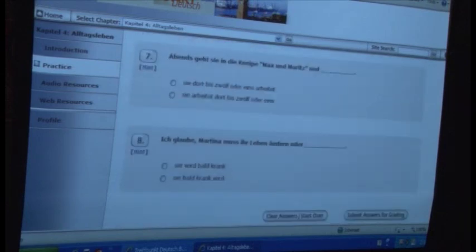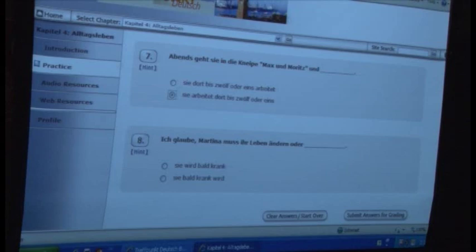Abends geht sie in die Kneipe Max und Moritz und is one of the old conjunctions, no changes. Und sie arbeitet dort bis 12 oder 1. Das mache ich nicht. Ich arbeite nicht in einer Kneipe abends, ja. Ich bleibe zu Hause. Oder am Montag und Mittwoch habe ich wieder Unterricht.